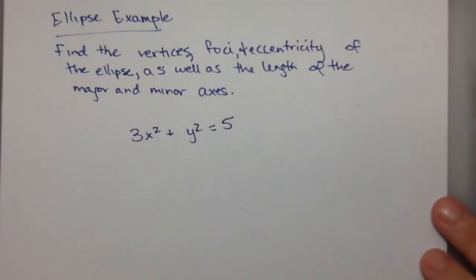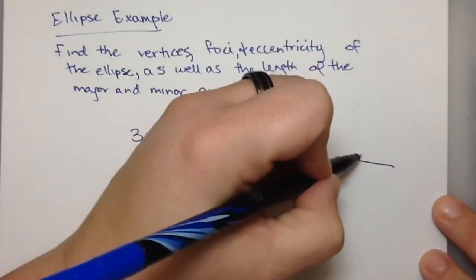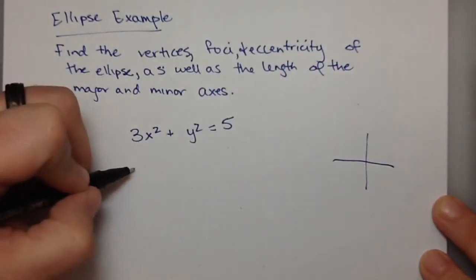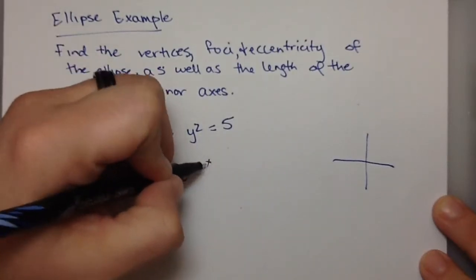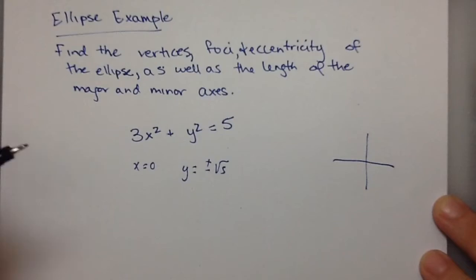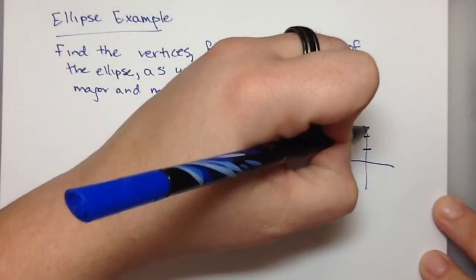Now before I get too far, I'm just going to try and sketch this graph. When x equals 0, y equals plus and minus the square root of 5, which is more than 2. So 1, 2, and a little bit.